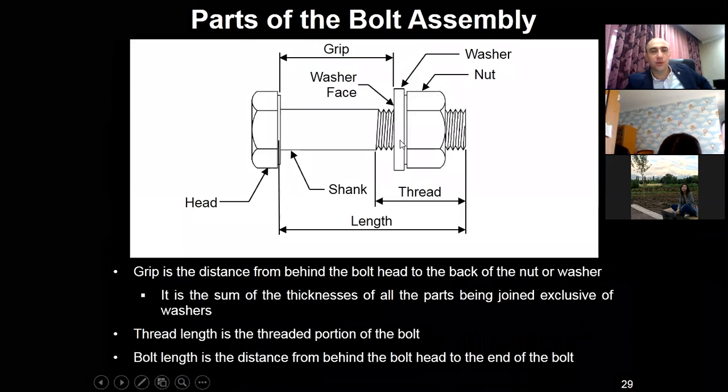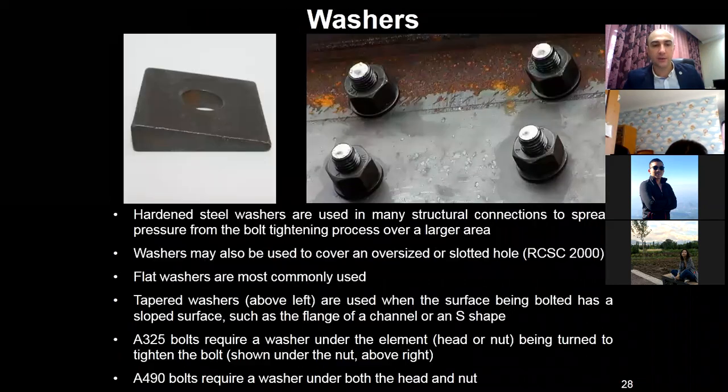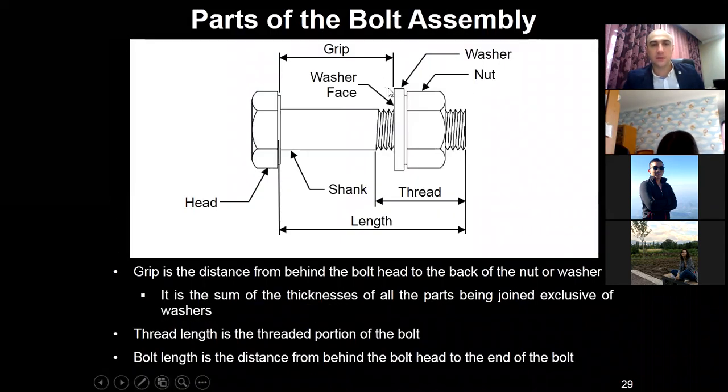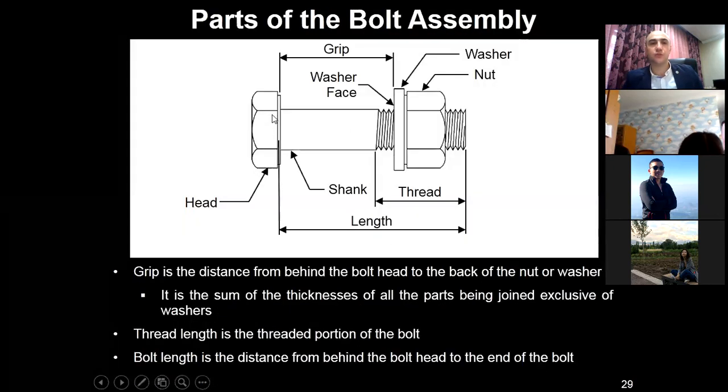In the previous slide, we said that a washer can be installed for bolts marked A325 just near the nut or near the bolt head. But bolts of higher quality, for example A490, should have washers on both sides, near the head and also near the nut.